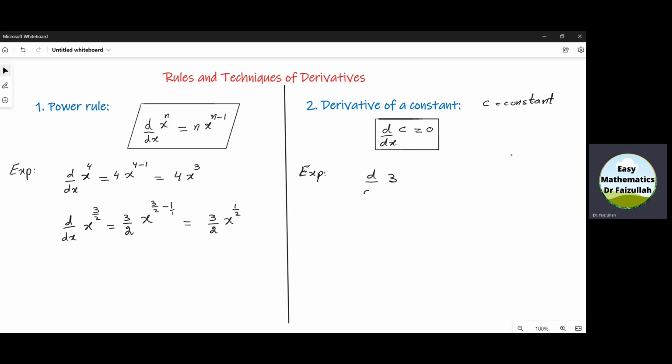Now let us differentiate 3. So the differentiation of 3 is 0. Let us take another constant, 3 by 7, and differentiate this. Then the differentiation of this is 0. So the differentiation of any constant is equal to 0.